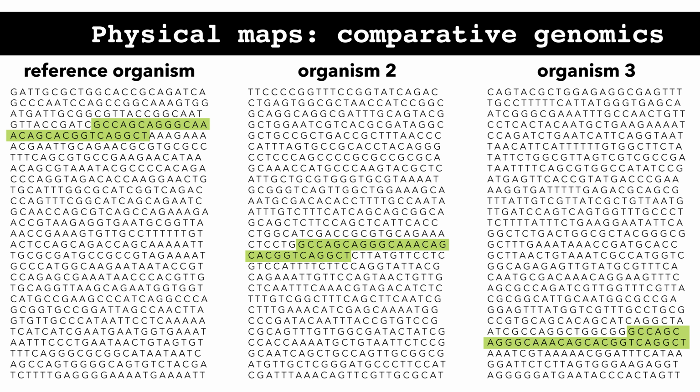This takes us to the power and utility of model organisms like E. coli, a bacterium, Saccharomyces cerevisiae, a yeast, C. elegans, a nematode, Arabidopsis thaliana, a plant, Drosophila melanogaster, a fruit fly, and Mus musculus, a mouse.